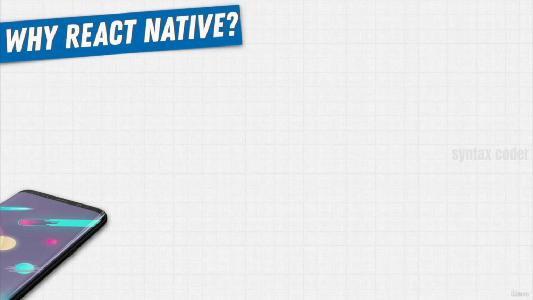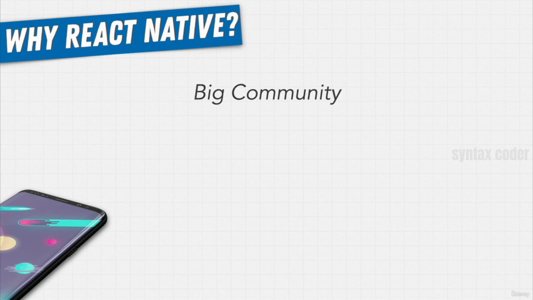So why should we build something in React Native? There are three main reasons. One is that it has a big community. Whenever you are using a technology, you want to make sure that there's enough documentation out there for you. Let's say you encounter a problem, you want to be able to Google it and find solutions that perhaps others have discovered. You want to be able to find solutions on Stack Overflow. You want to find libraries or tools that others have built that you can use.